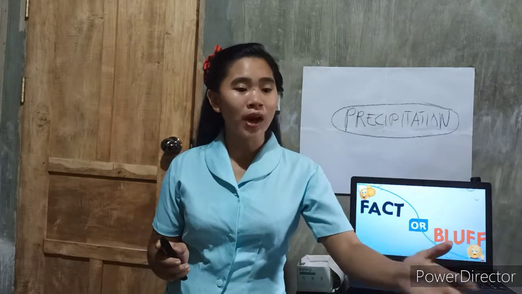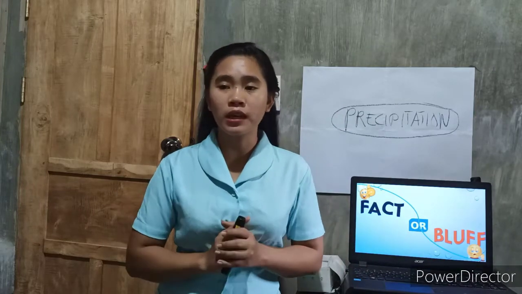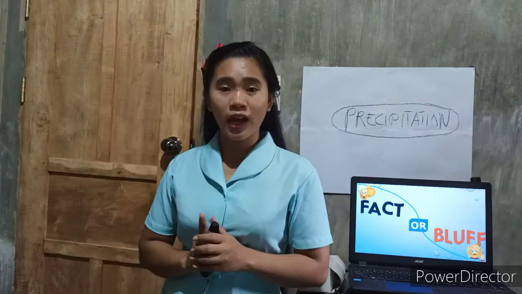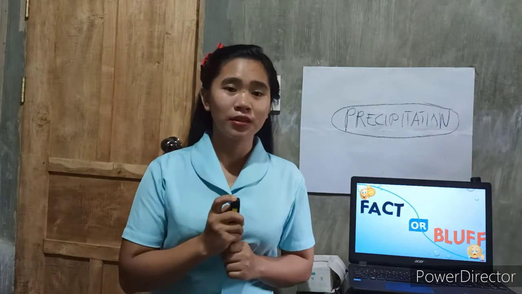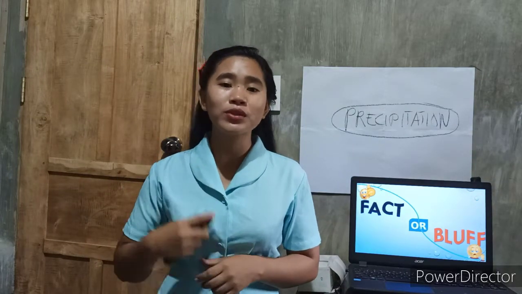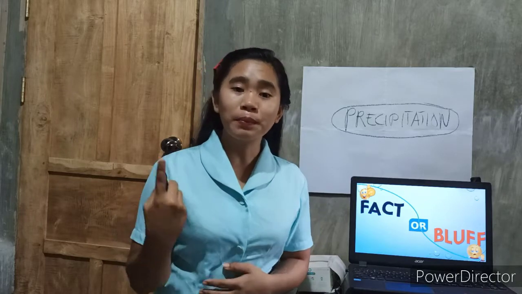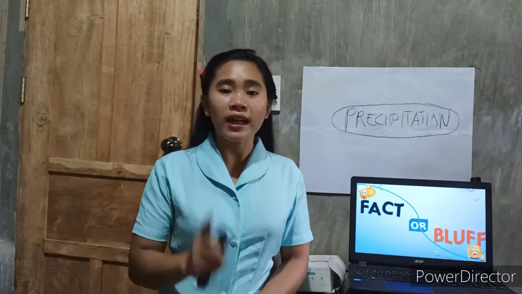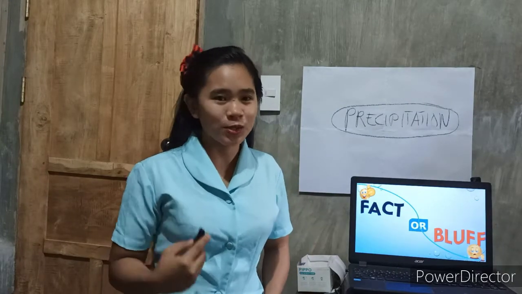Row 1 will be group 1, row 2 will be group 2, row 3 will be group 3, and row 4 will be group 4. I am only going to allow you to answer once. Before you say your name, before you answer, make sure that it is already your final answer. Did everybody get it? Okay, let's start now.